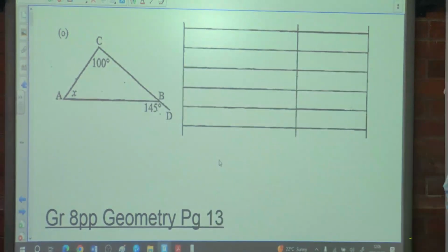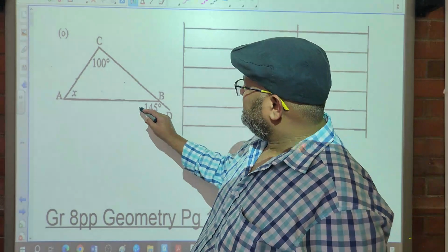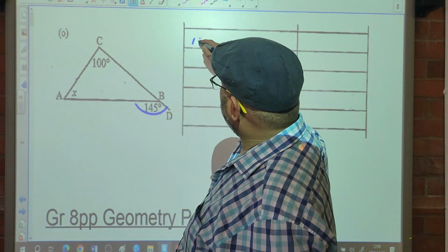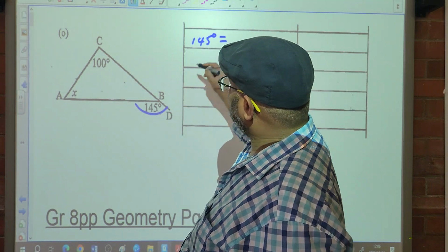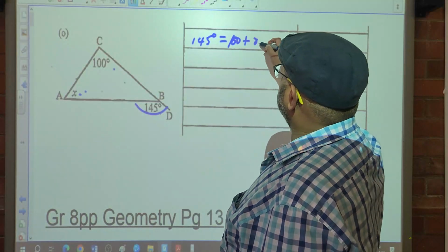So in O, you all agree it's the same rule going to apply there, not so? The same rule is going to be applied here. So what would it be? 145 degrees is equal to 100 plus x.